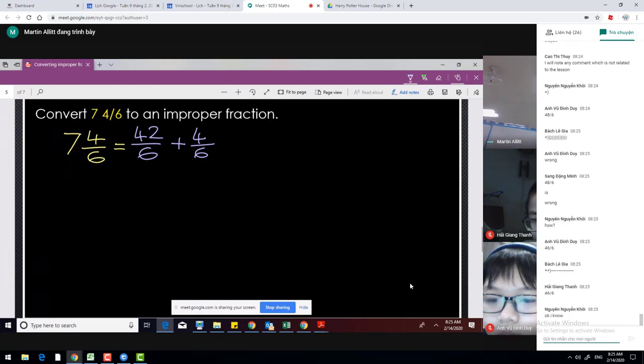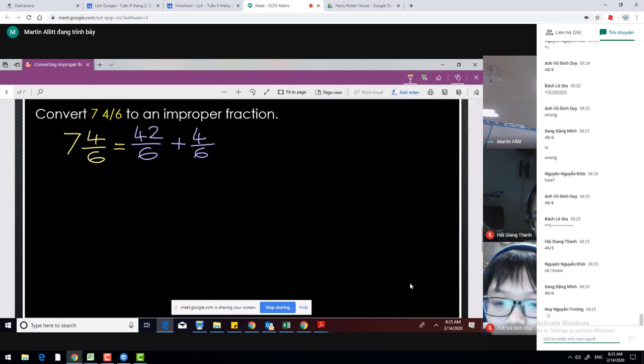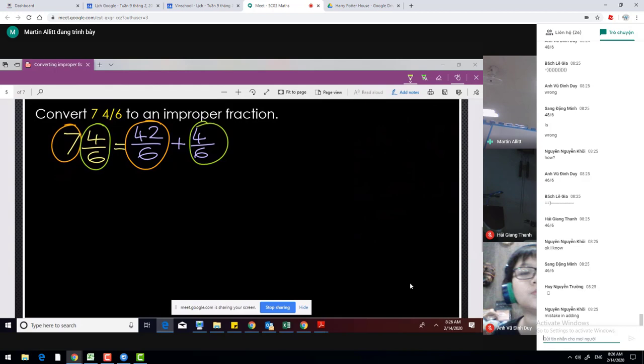So this 7 is shown here, and my 4/6 is shown here.